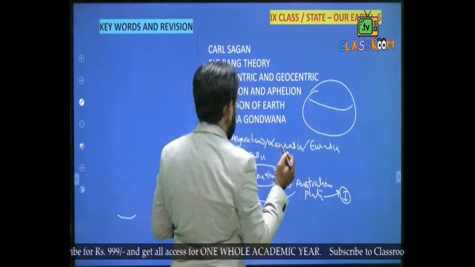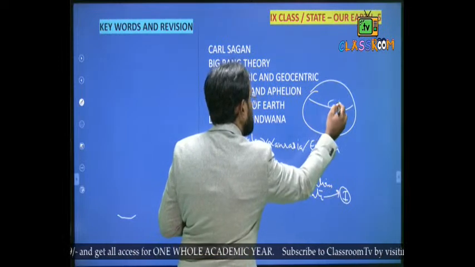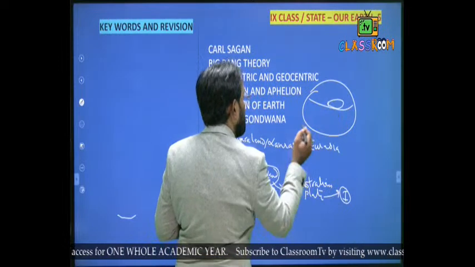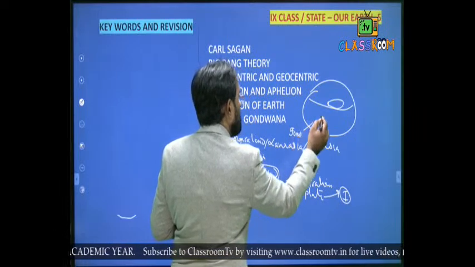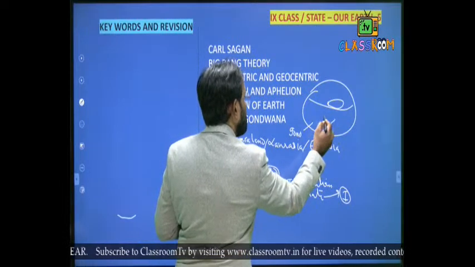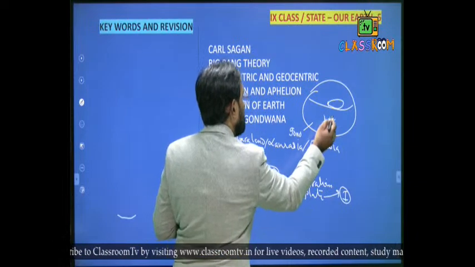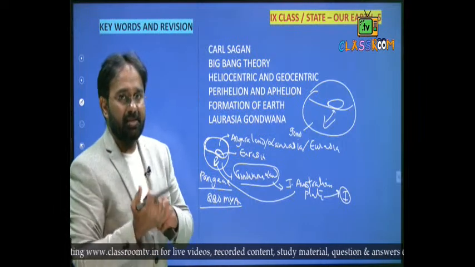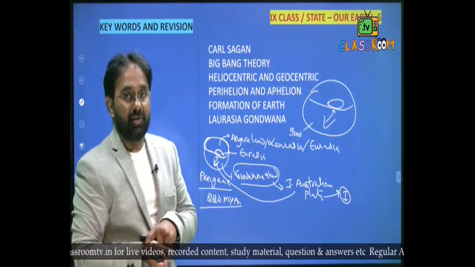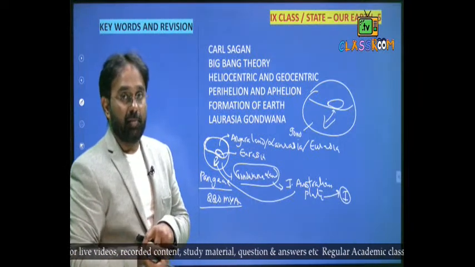This is Laurasia, the Eurasian plate. This is Gondwana, and this is the Indo-Australian plate, going and hitting the Eurasian plate. This is what we discussed when discussing the formation of the Himalayas.